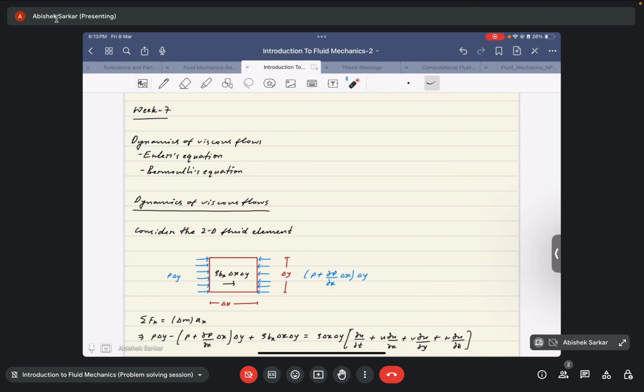But as the word itself implies, kinematics means that we are only interested in the motion of the fluid, rather than the forces that are acting behind or causing those motions. If you remember, in the previous weeks we were discussing the driving factors of the flow, such as flow over a boundary layer or flow within a pipe.